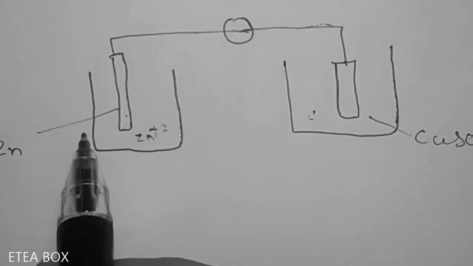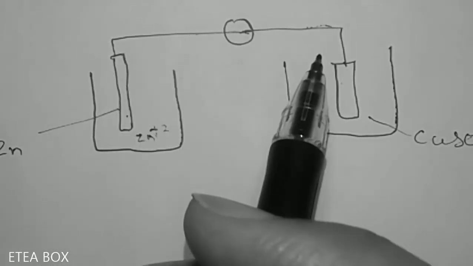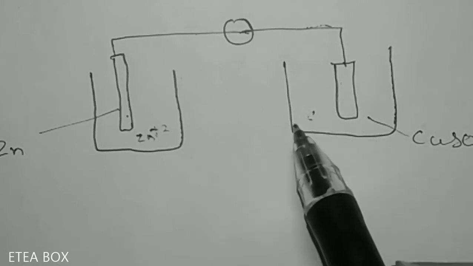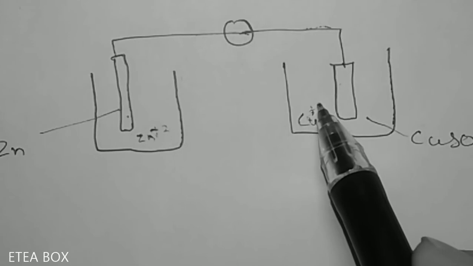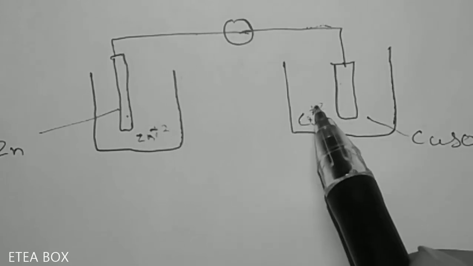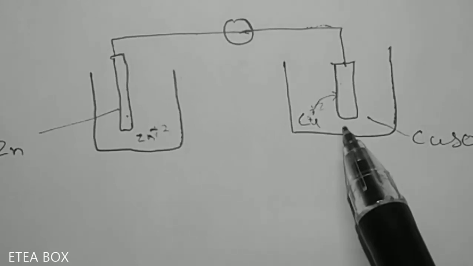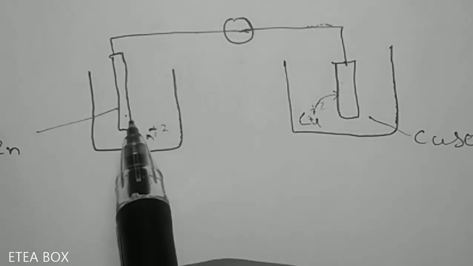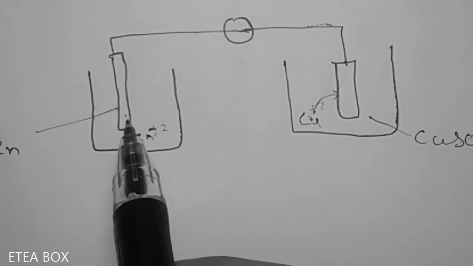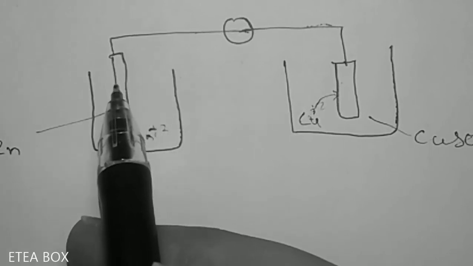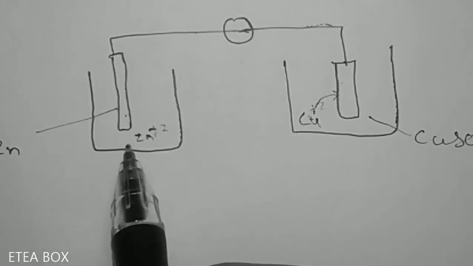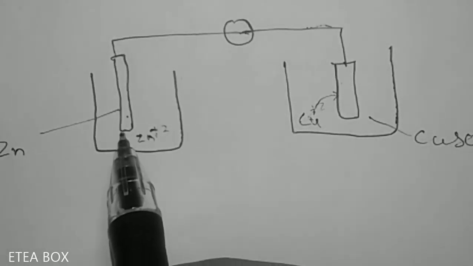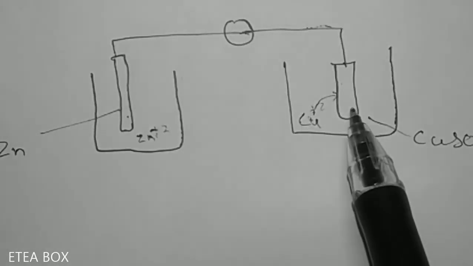These electrons come to the cathode, and from the solution Cu+2 ions gain these electrons and are deposited on the cathode. If the size of the anode, this zinc electrode, is greater, then more and more zinc ions will come into the solution and more electrons will be lost by it, and these electrons will come to the cathode.